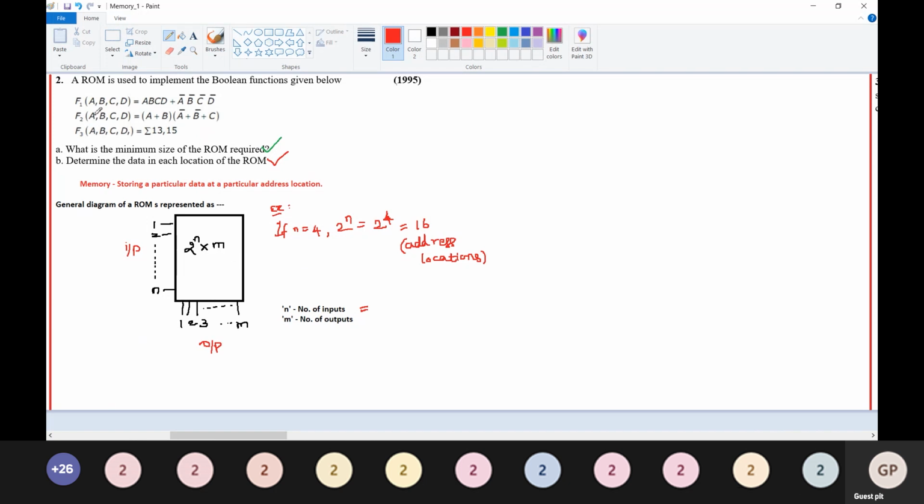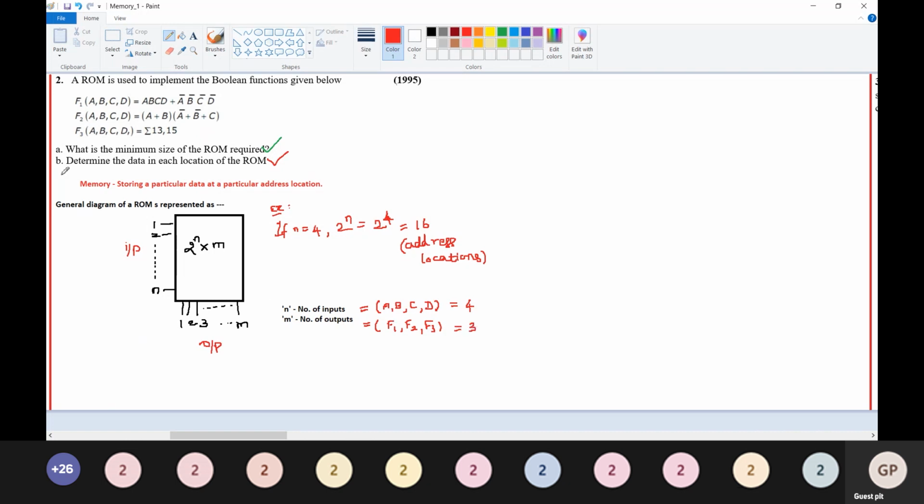The inputs here are A, B, C, and D. So the number of inputs is equal to 4. And the number of outputs is F1, F2, and F3, which is equal to 3.